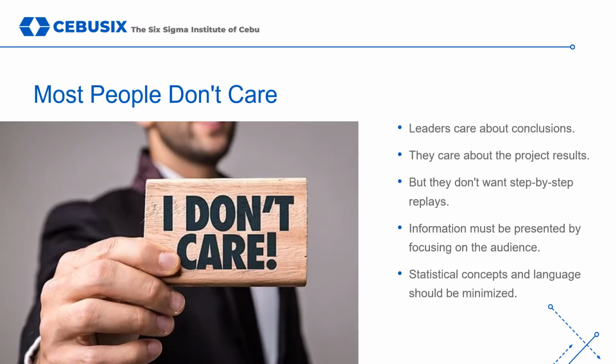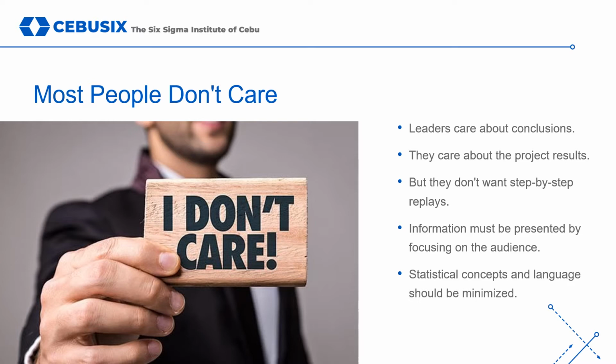Here's the first and perhaps the biggest challenge faced by Six Sigma experts when delivering information from statistical analysis. Most people simply do not care, truly, unless your sponsor is a Six Sigma expert too, or your leadership committee is well versed in Six Sigma methods. The people you are presenting to do not care about which hypothesis test you used or what your chi-square statistic or p-value was.